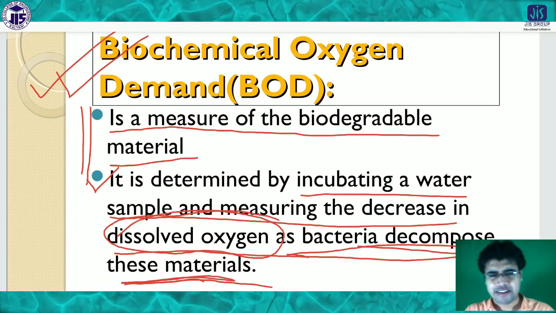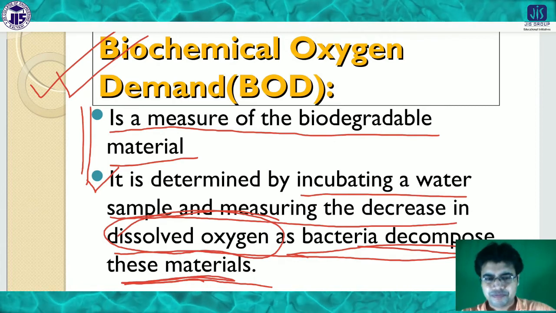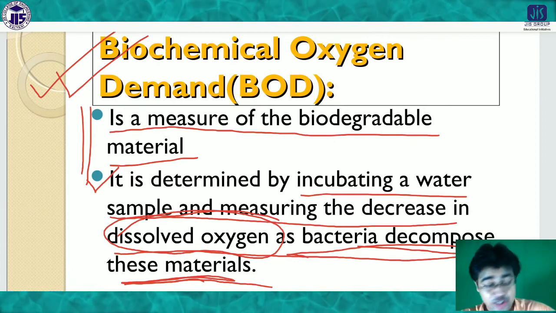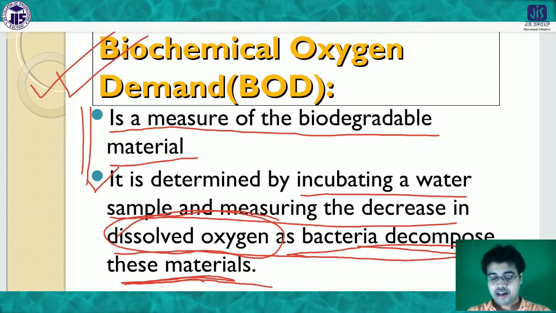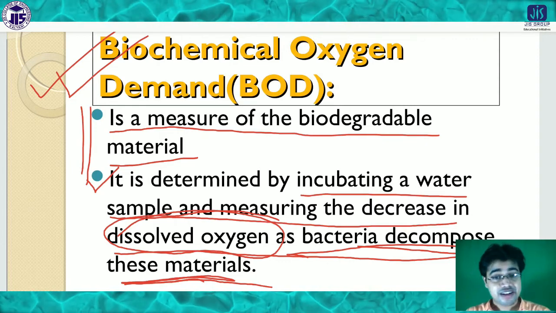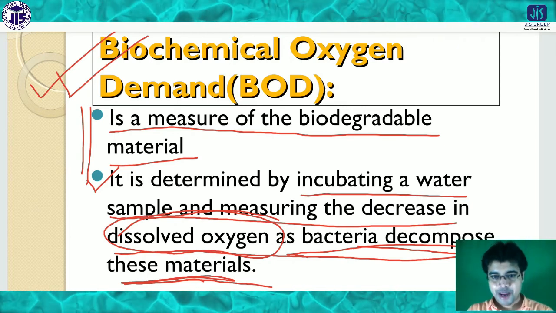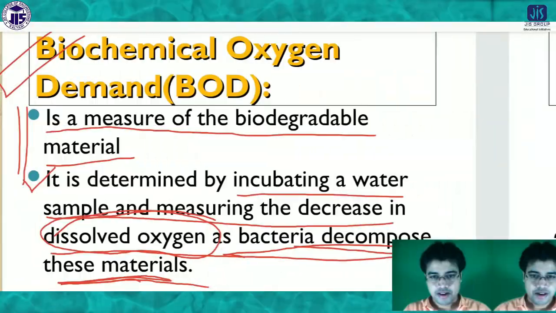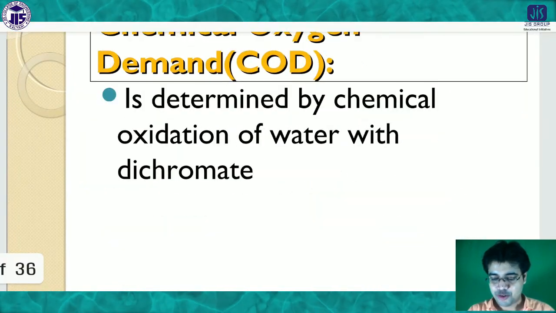When bacteria decompose the biodegradable materials, they use the dissolved oxygen. That's why it is written here that we measure the decrease in dissolved oxygen, that is, how much dissolved oxygen is decreased. This is the chemical oxygen demand.